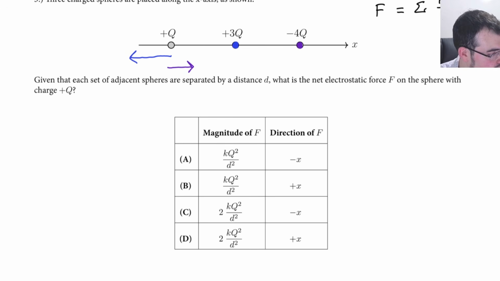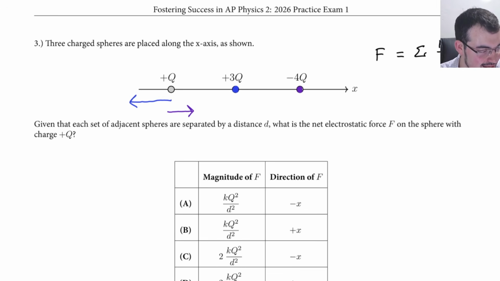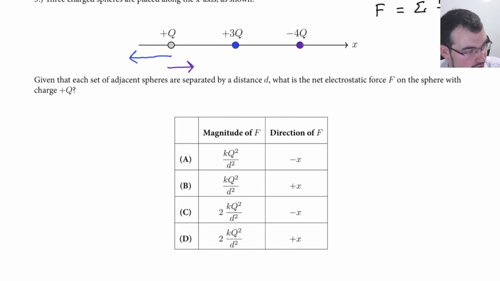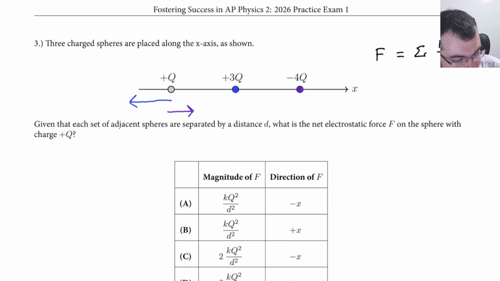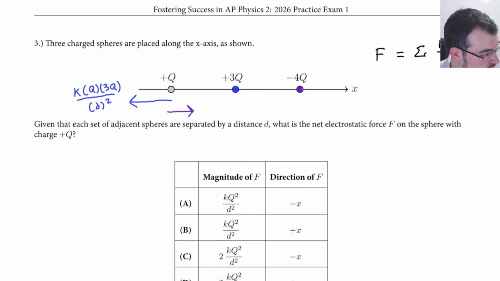Well, for my repulsive force to the left, or in the minus x direction, I have k times q times 3q divided by just 1d squared, right? Because the distance between the adjacent spheres is d, so this is d, and this is also d.